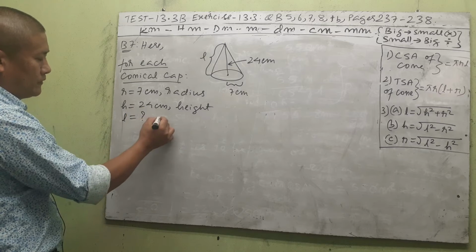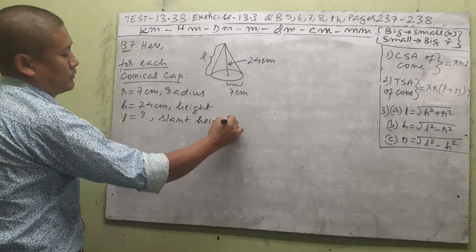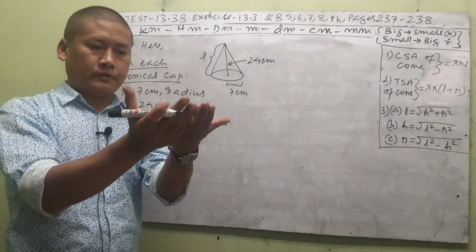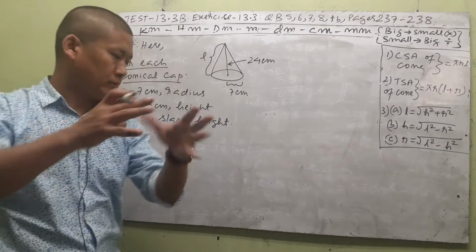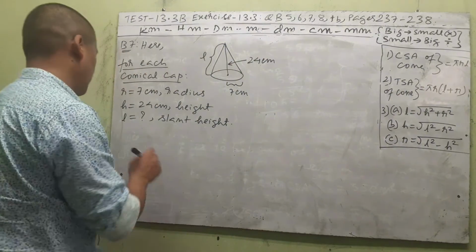L, the slant height, is still unknown, and we need it because to make this cap you have to make the curved surface only, as the base should be hollow. So only the curved surface is required. The curved surface formula we know is pi RL, so L is required.